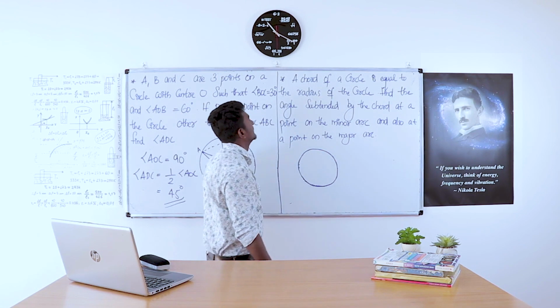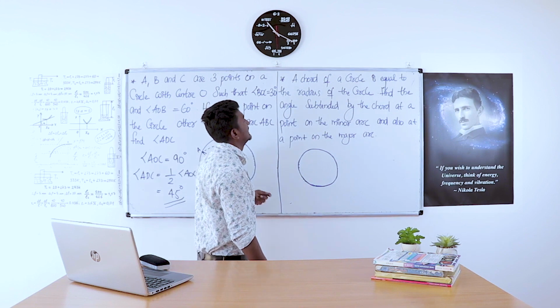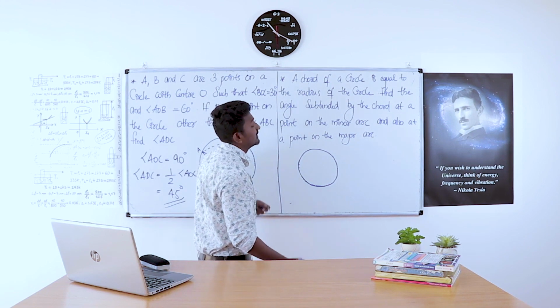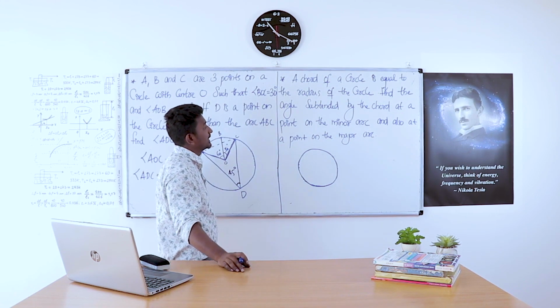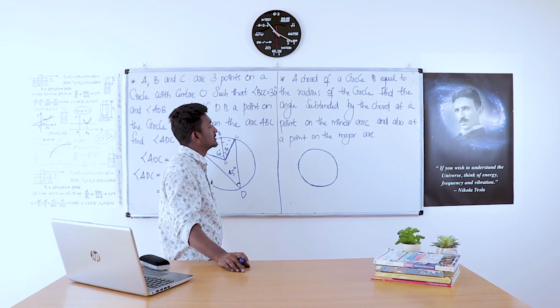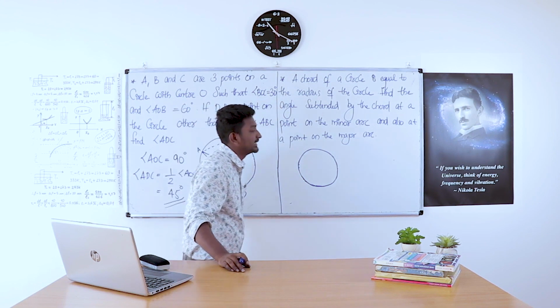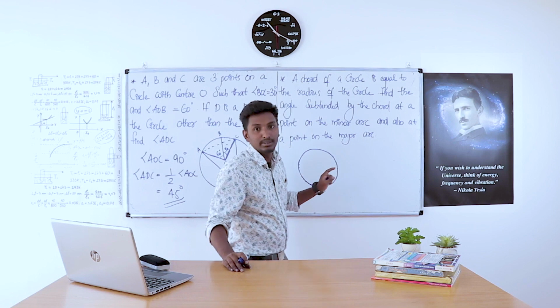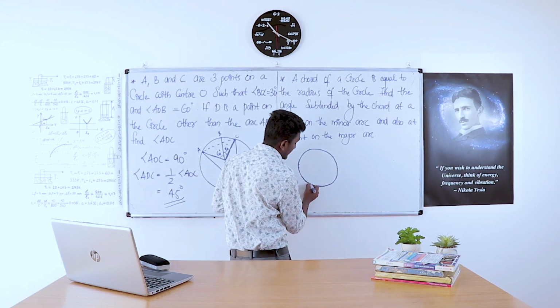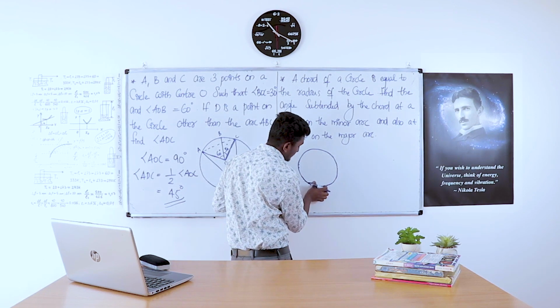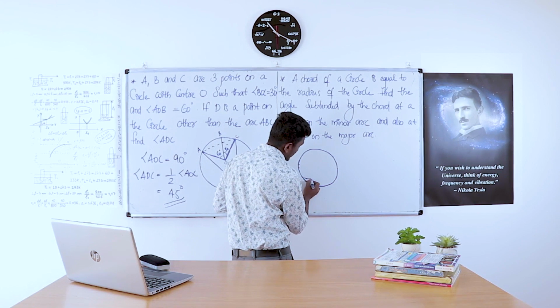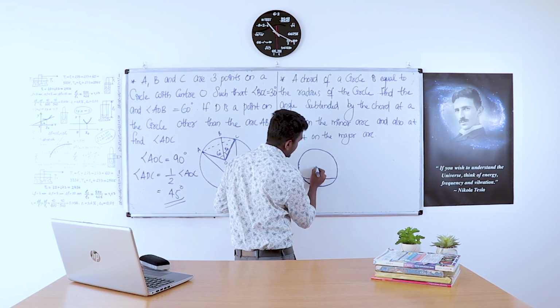This is the circle. And a chord of a circle is equal to the radius of the circle. Find the angle subtended by the chord at any point on the minor arc and also a point on the major arc. So we have to find the angle subtended by the chord on the minor arc and the major arc. Now I am considering a chord. This is our chord.